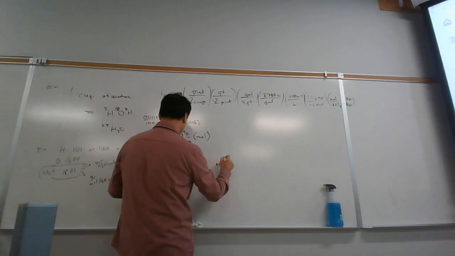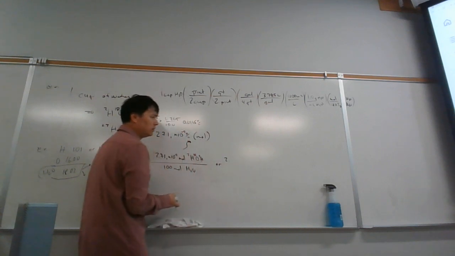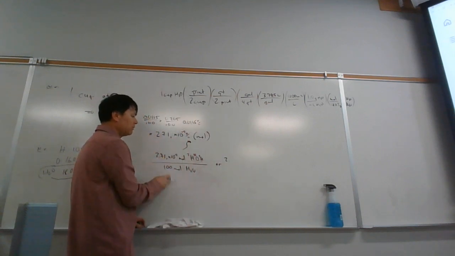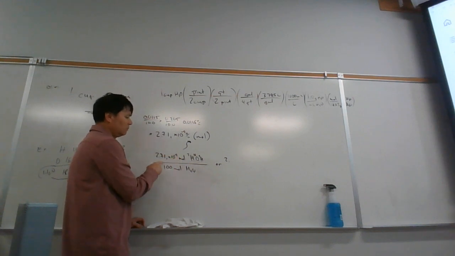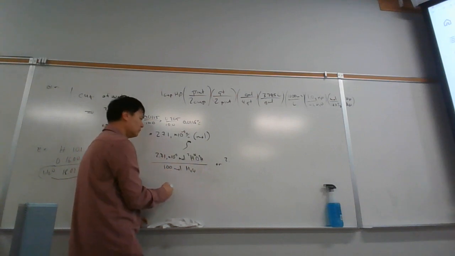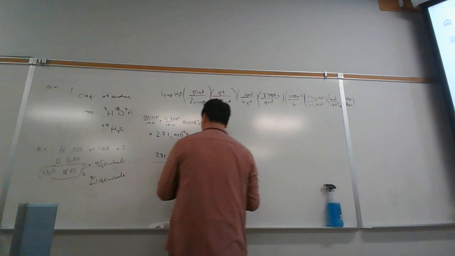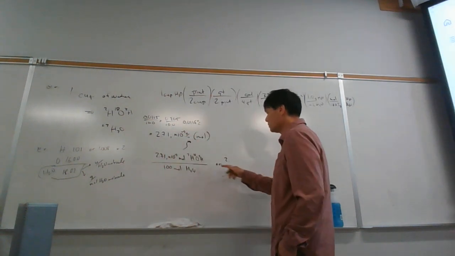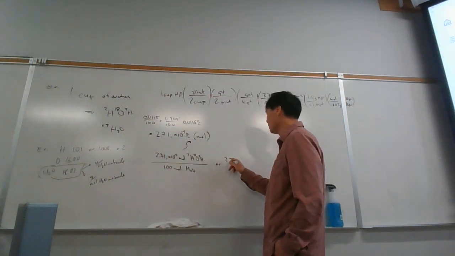Because mole is just a counting unit, if I had a dozen, I could say 2.711 times 10 to the minus 9 dozen of these and 100 dozen of those. And so we can just go all the way to a molecule.